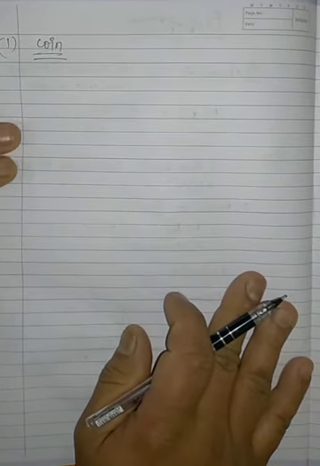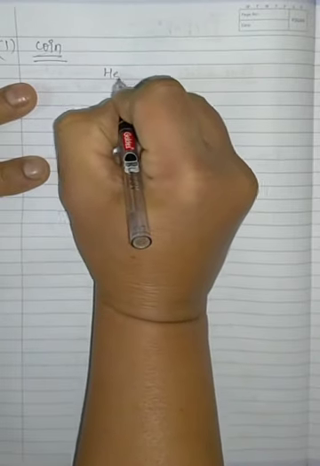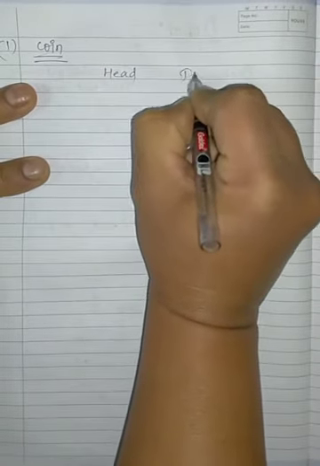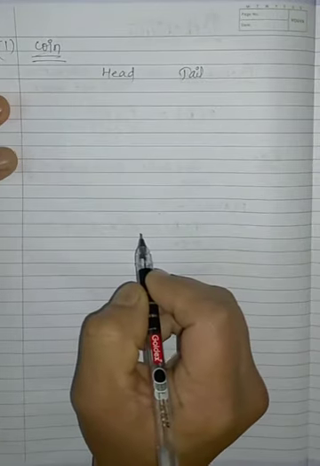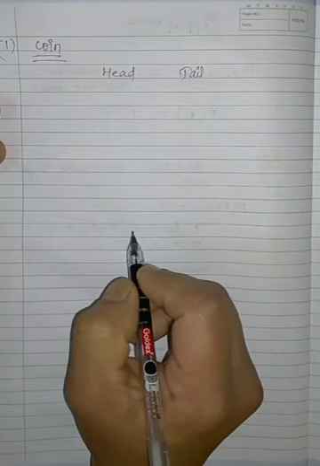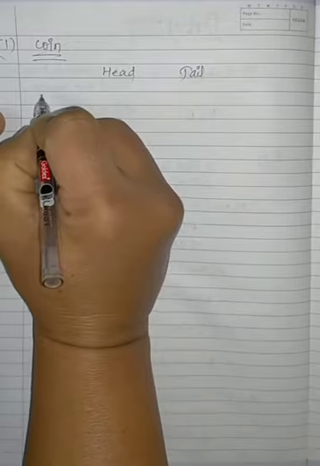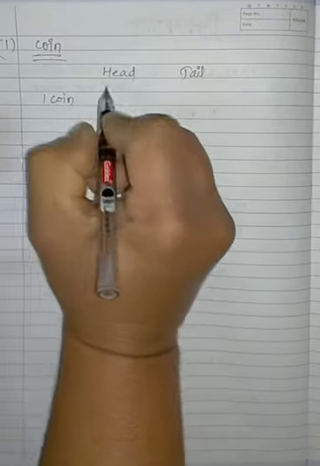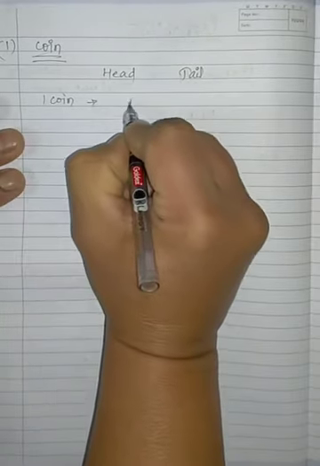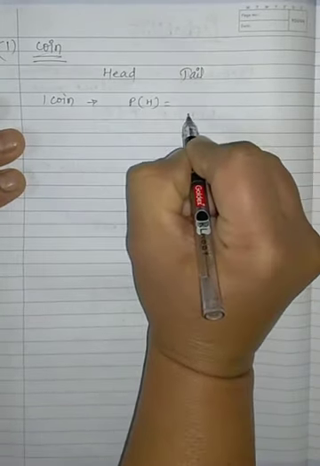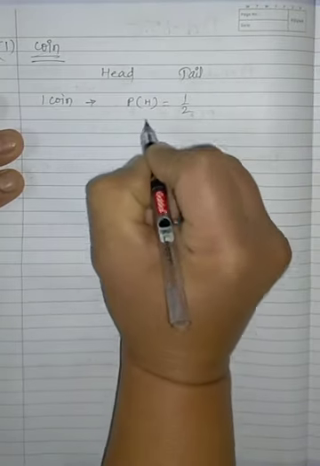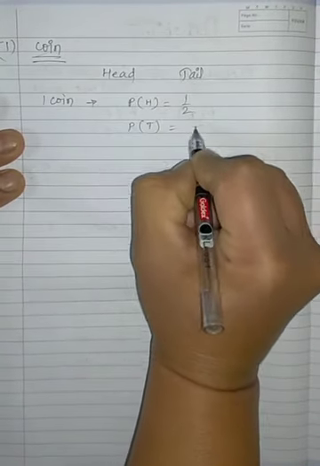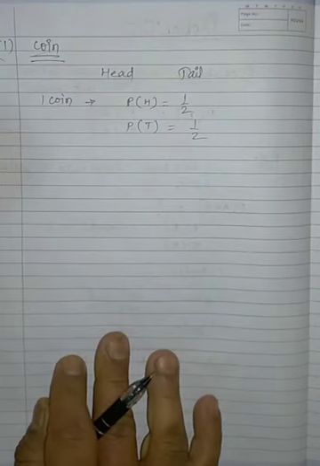In case of a coin, there are two outcomes: head and tail. So if one coin is tossed, then probability of head will be equal to 1 by 2. Probability of tail will also be equal to 1 by 2.